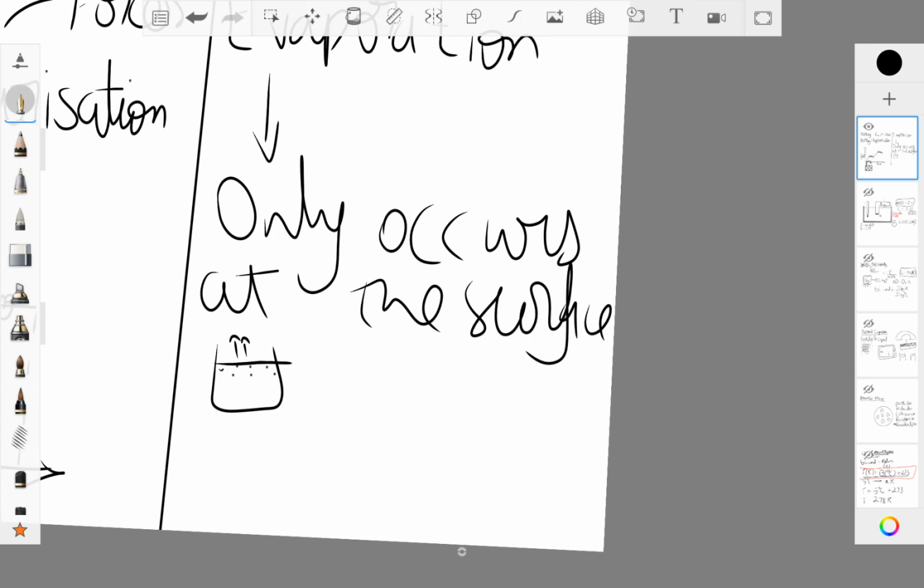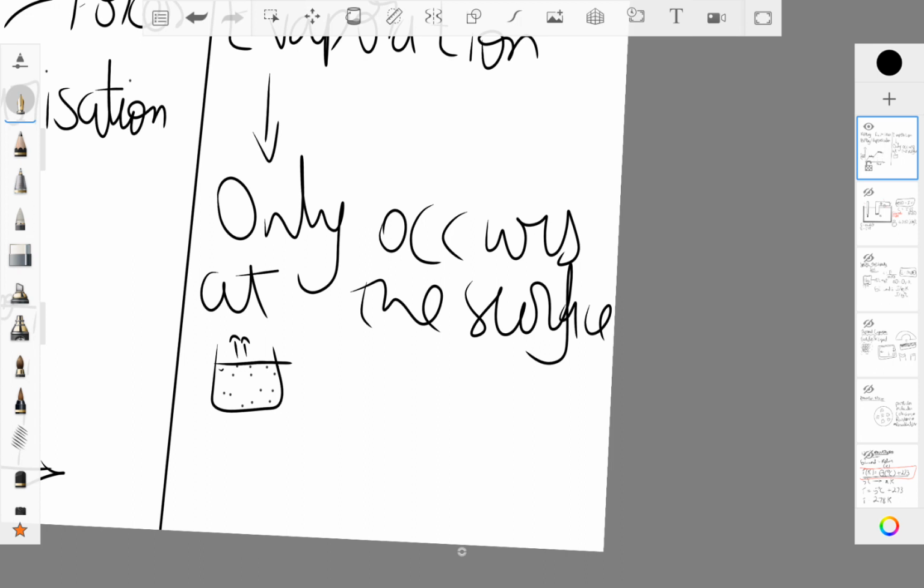What that means is that as the high energy particles escape, you have low energy particles that are left behind in the container. And these low energy particles cause the average kinetic energy of the liquid to drop, thus causing a reduction in temperature. And so evaporation causes cooling.